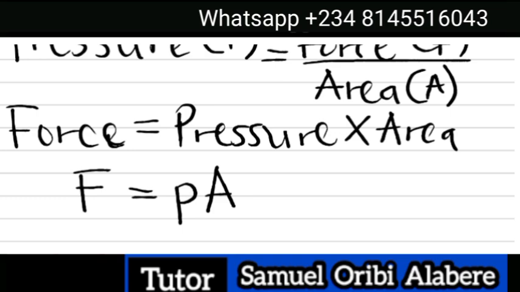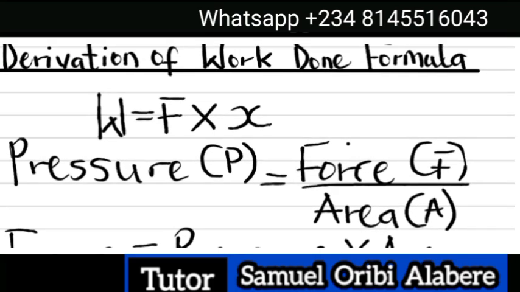But now we should recall that work is equal to force times distance. So we are going to substitute the value of force, which is PA, into the work done formula, which is force times distance.